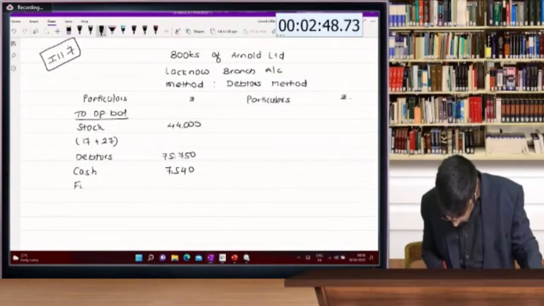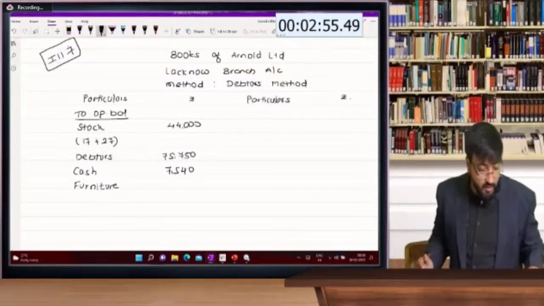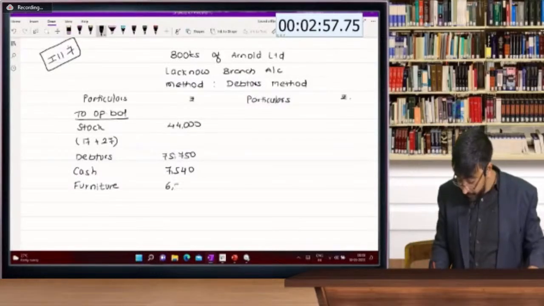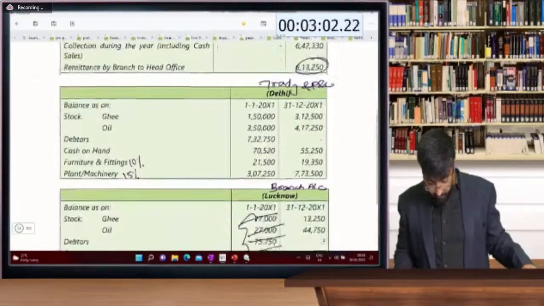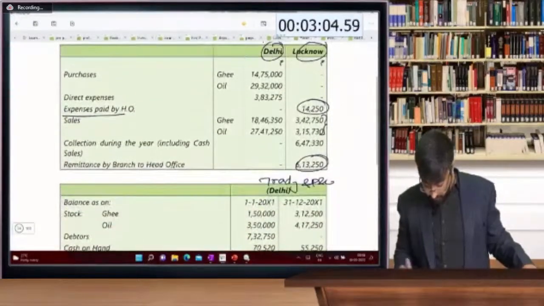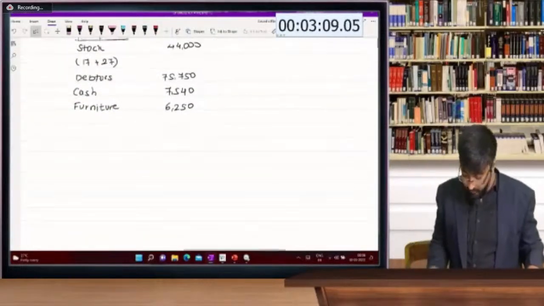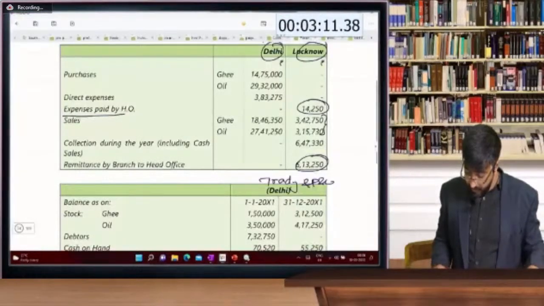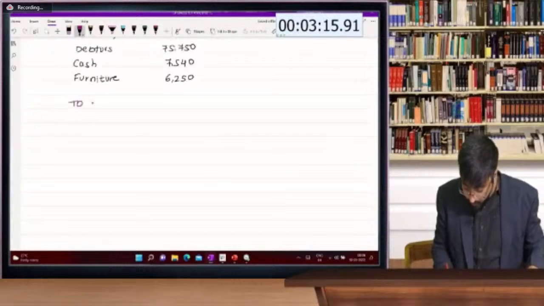Furniture. Yes beta, how much furniture should I write? Furniture 6,250. Then one by one item. Red pen. Goods sent to branch.